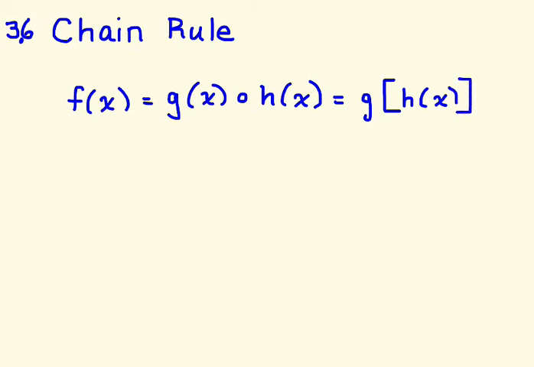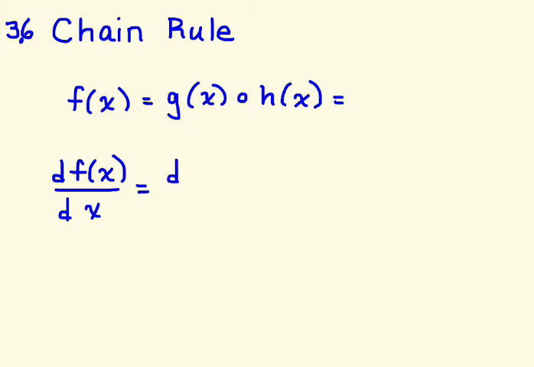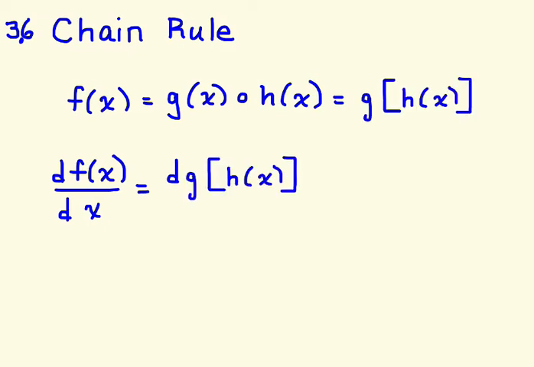So if we want to find the derivative of our composite function, f of x, with respect to x, what we need to do is first take the derivative of the entire composite function. I'm going to grab it, g of h of x, let me copy it. We're going to take the derivative of g of h of x with respect to the input into the g function.